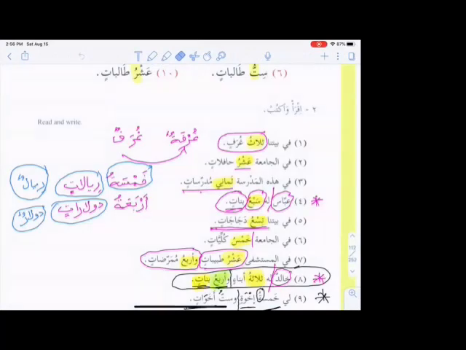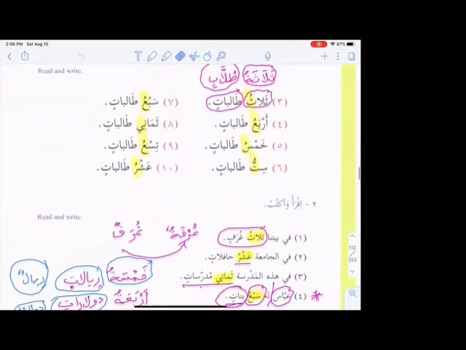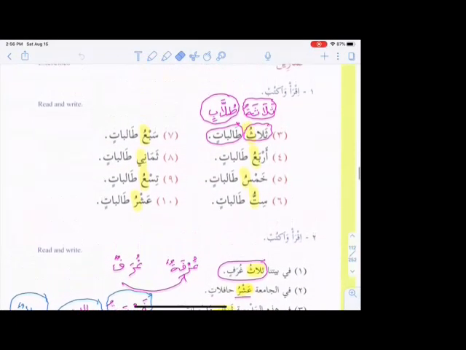So now we have here another point for you to understand. Here we have this, all the madud are feminine. Okay? So all the numbers are masculine.